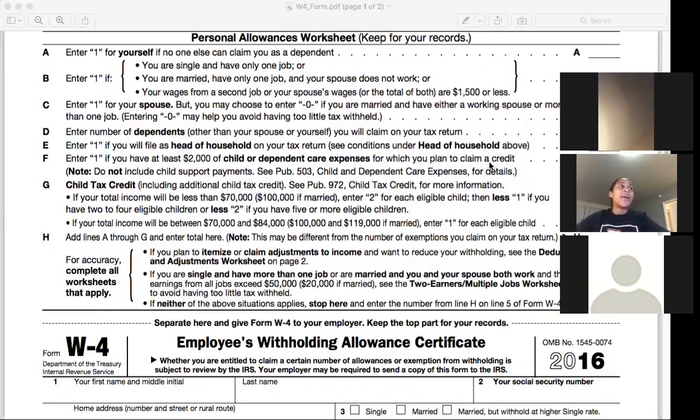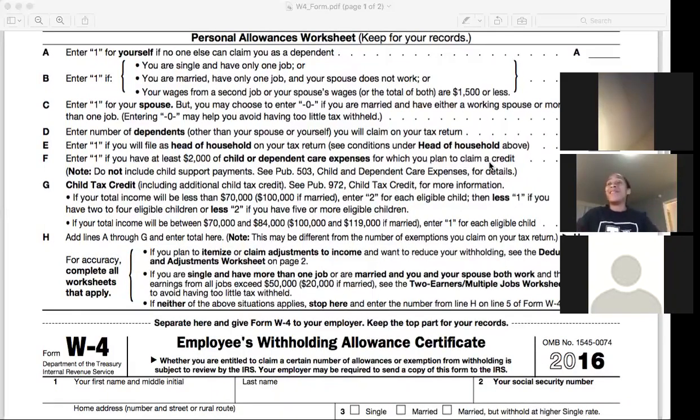G. This is for everyone who has kids. So if you've got kids and you're on the webinar, make sure you pay attention. G, if your total income will be less than $70,000 or less than $100,000 if you're married, enter a 2 for each eligible child. Okay? So think about it.